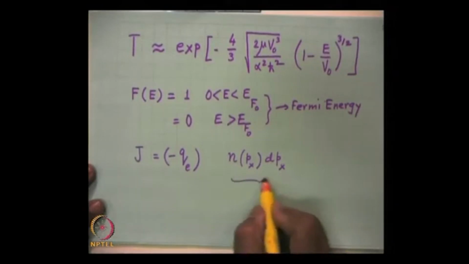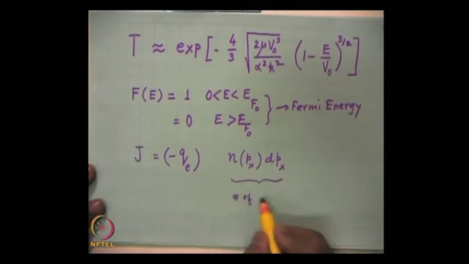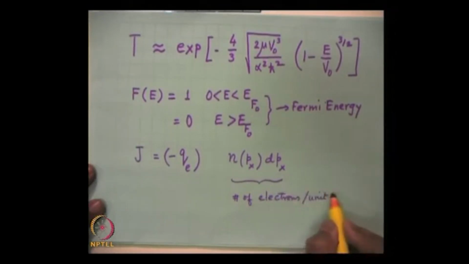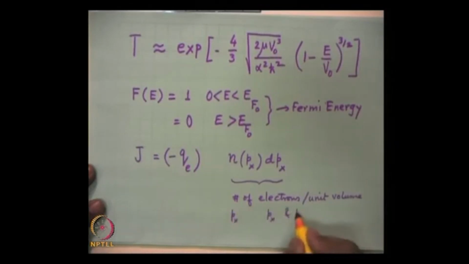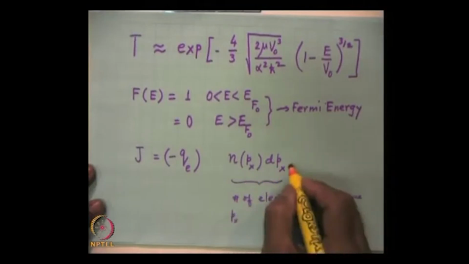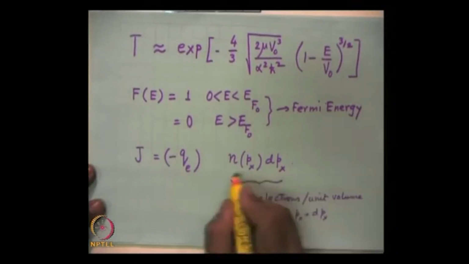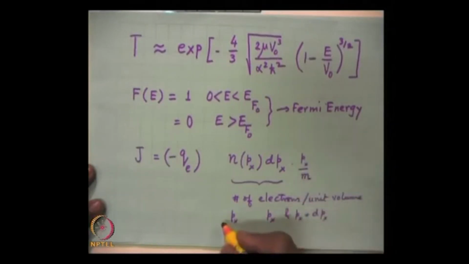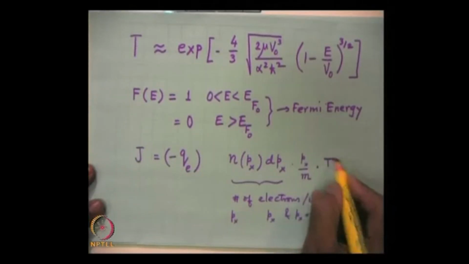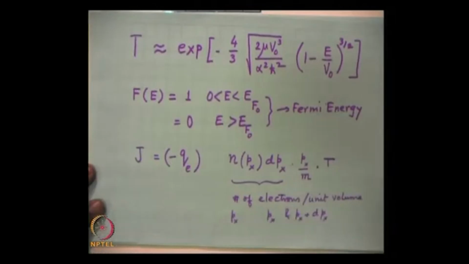This number per unit volume is multiplied by the velocity, px by the mass of the electron, and each time it hits the surface there is a small probability of its tunneling through the barrier.